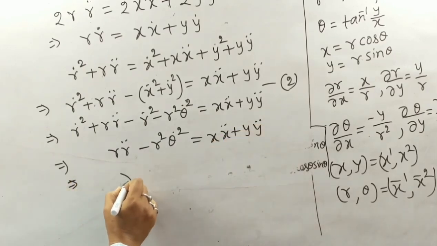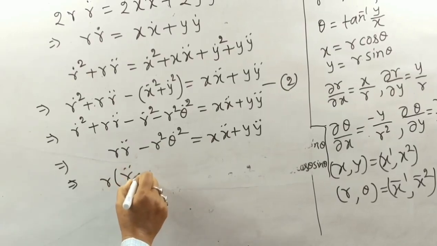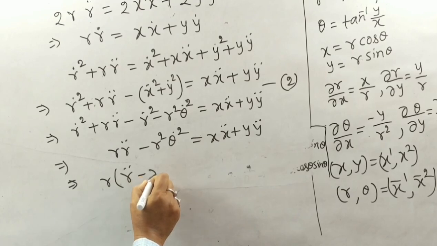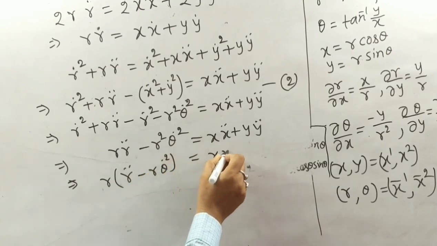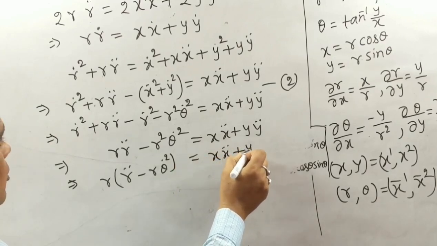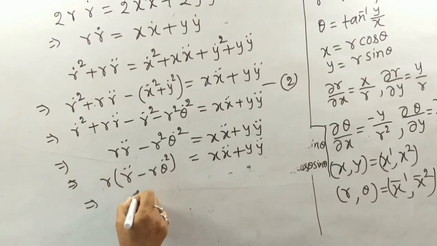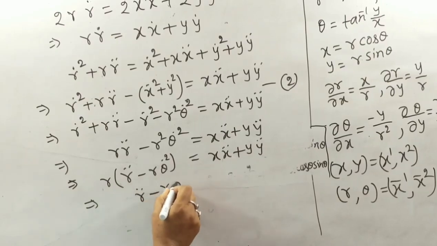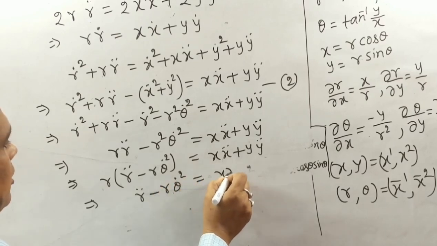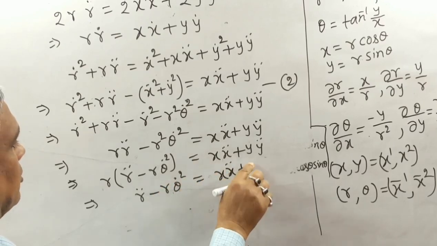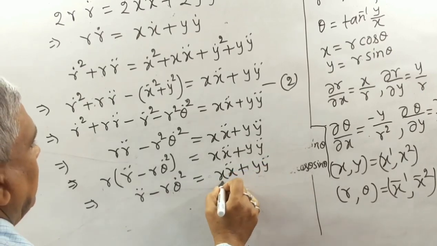which implies that r double dot minus r theta dot square equal to x double dot plus y double dot, which implies that r double dot minus r theta dot square equal to x double dot plus y double dot by r.